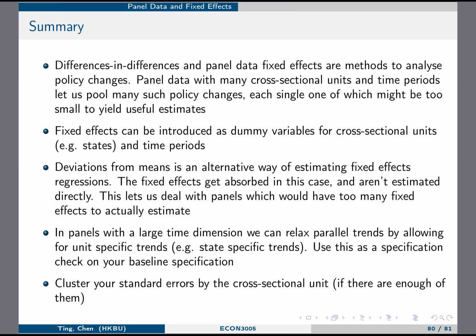Sometimes when you have too many fixed effects, it may be hard to get an estimate. The computer will continue calculating for such a long time. In that case, doing this demeaned regression saves a lot of computation effort for the estimate.